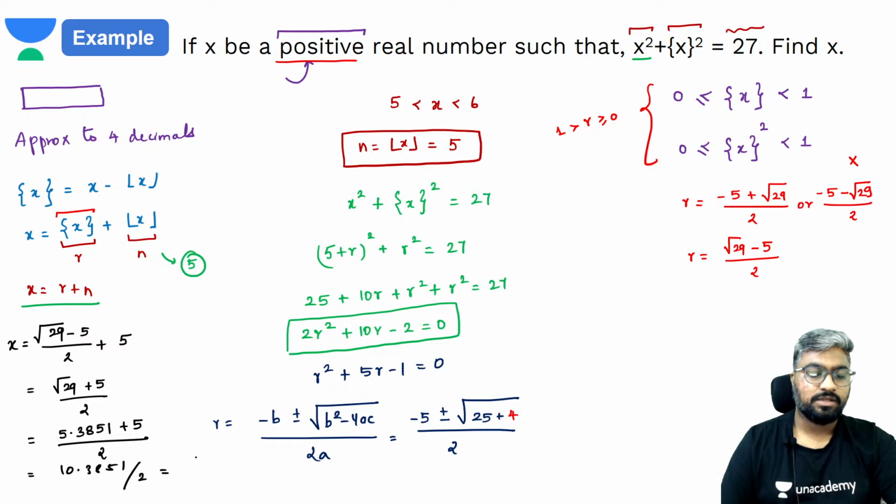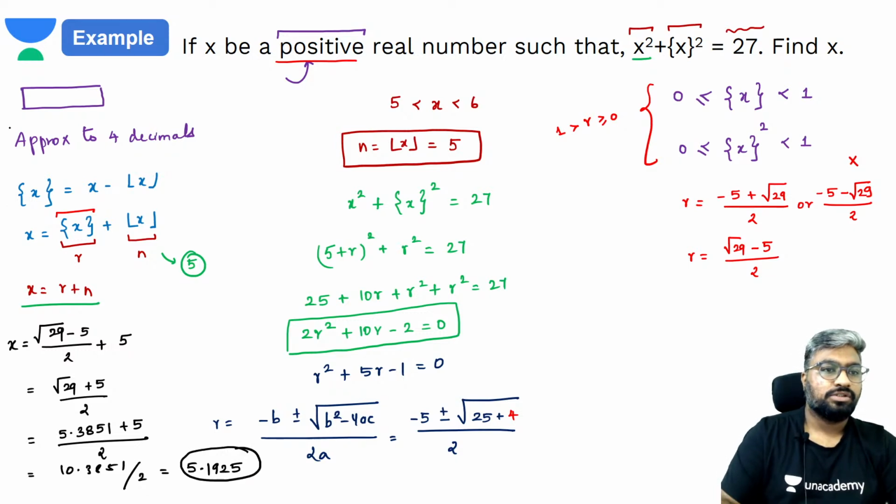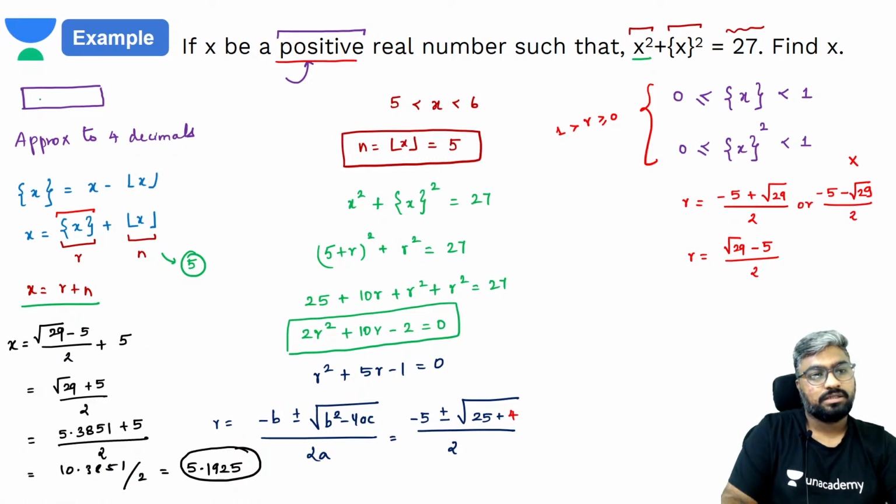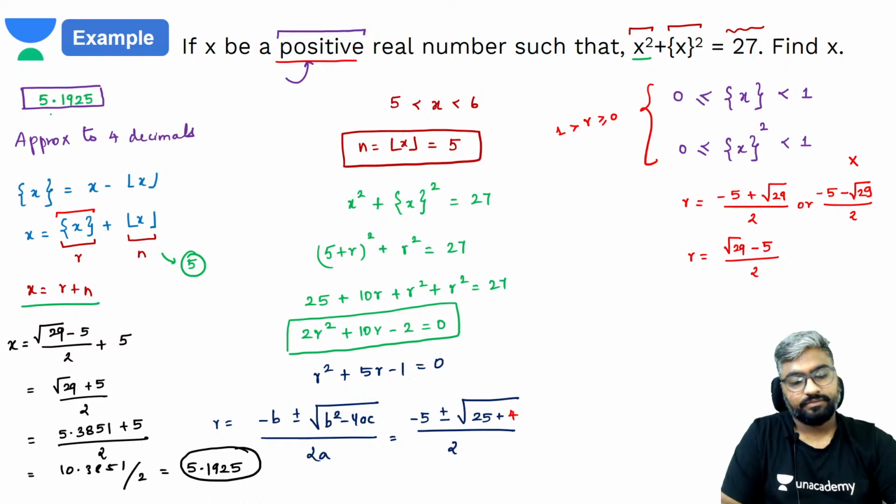If I divide this by 2, I will get 5.1925. So the answer to this question is 5.1925.